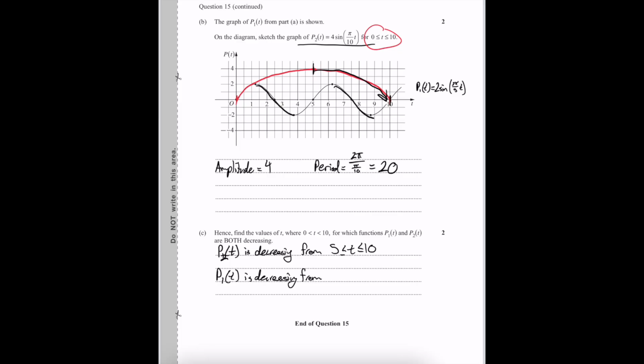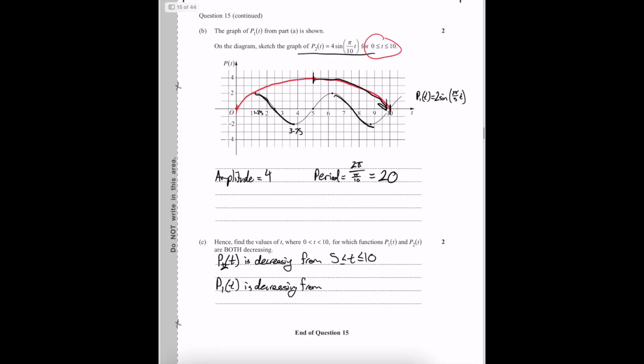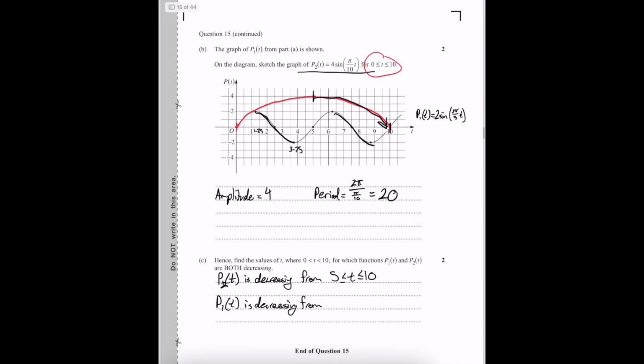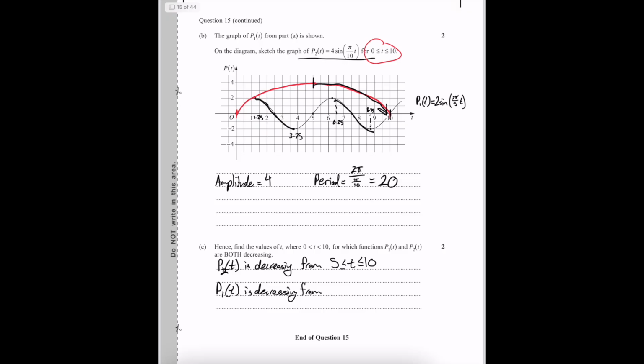And these values, by using the period, we can infer that these values are 1.25, 3.75, 6.25 is this value here, and this value here is 8.75. So it's decreasing from 1.25 to 3.75 and 6.25 to 8.75.